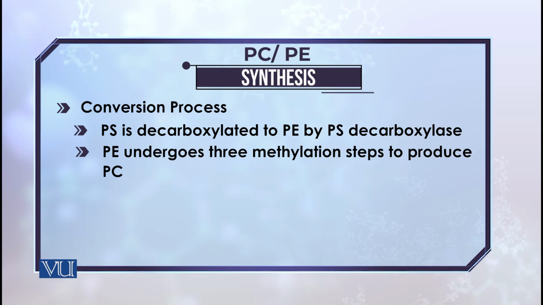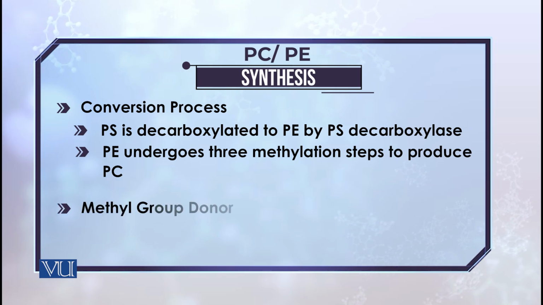So first, decarboxylation of phosphatidylserine occurs, and then the ethanolamine moiety, which you get from the diet or from the degradation of already present phosphoglycerolipids, gives rise to phosphatidylethanolamine. So two enzymes are involved: decarboxylase and then phosphatidylethanolamine transferase.